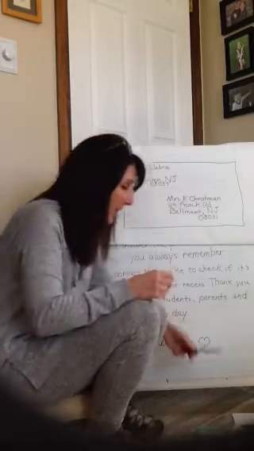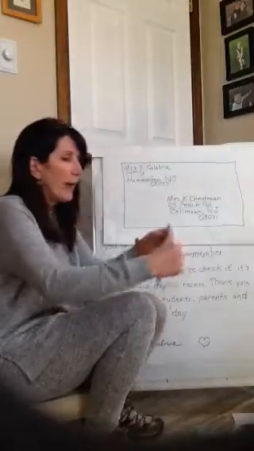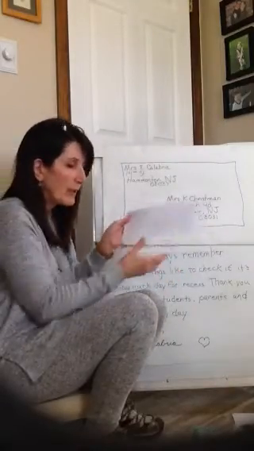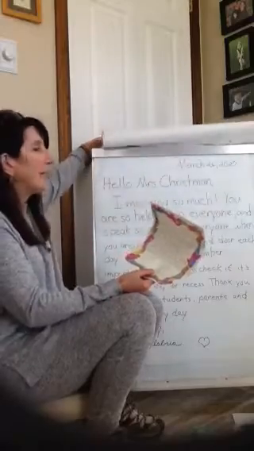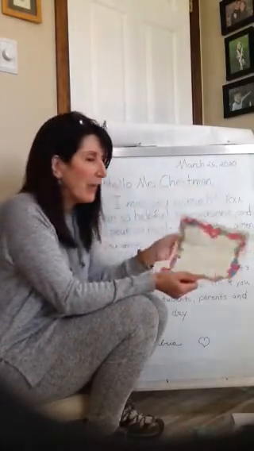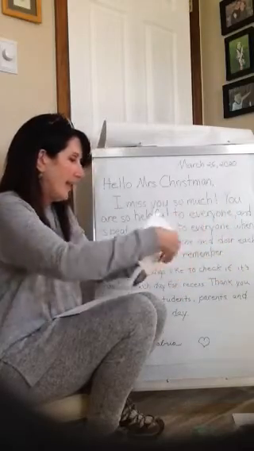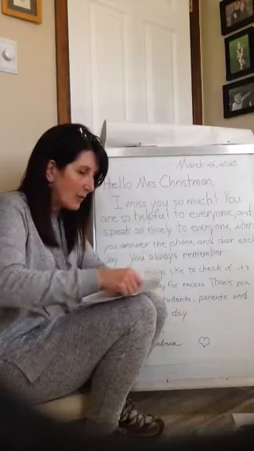Okay, so this is what you will need to do if you had an envelope and if you're going to mail your letter. So I already have an envelope ready for Mrs. Chrisman where I already filled everything out. I recopied, remember my letter from yesterday? I recopied it on this fancy paper that I had. And I'm going to put this in my envelope so that I could send it to Mrs. Chrisman.